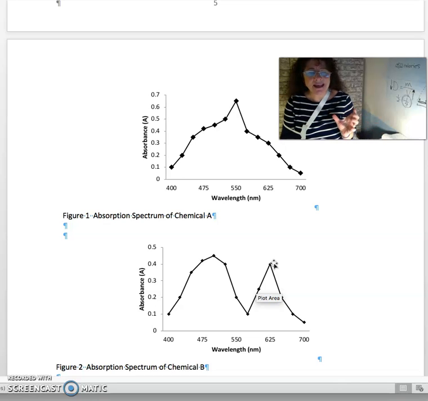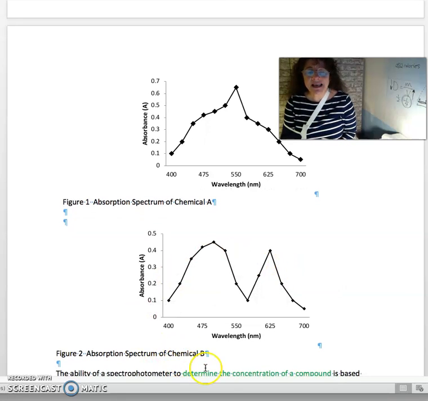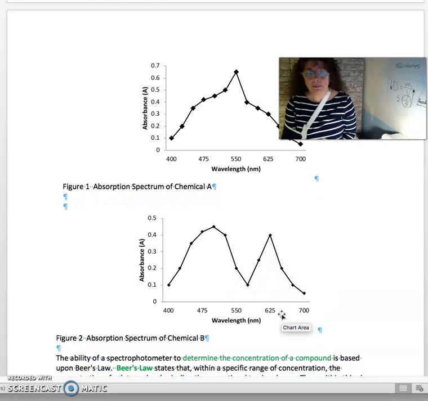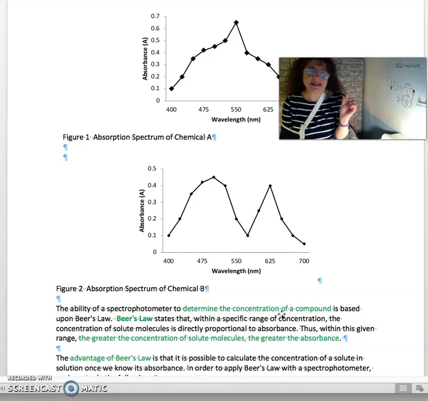So there's a lot that can go on, and in particular, this chemical B looks at the same scale, 400 to 700 nanometers, but it has two compounds, probably a more complicated compound right there. We can start to narrow things down from here to get a better feel for the ID.